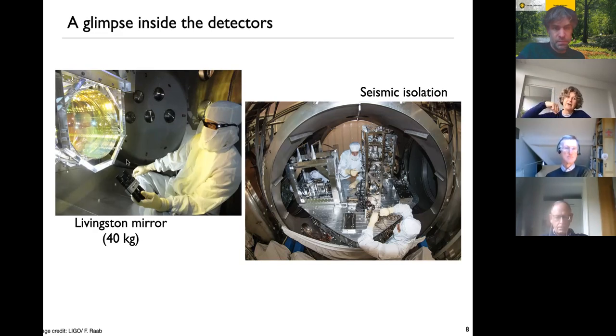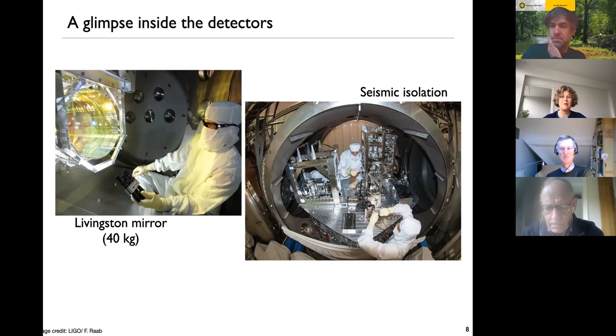And these mirrors are then hung on some special strings to shield them from environmental disturbances. And they're hung on a big tower of very sophisticated seismic isolation technology, because if there's a truck passing by or some helicopter flying above, then that would disturb the detectors. And here the seismic isolation shields it from such disturbances to a large extent.